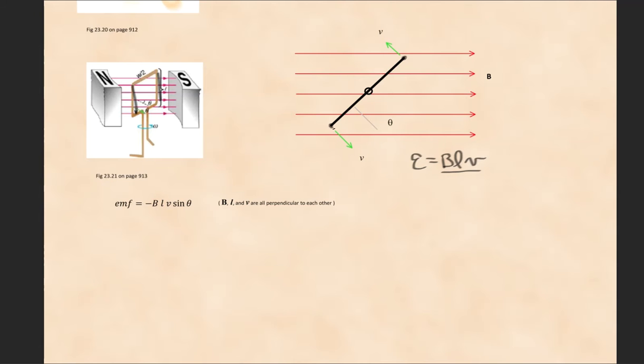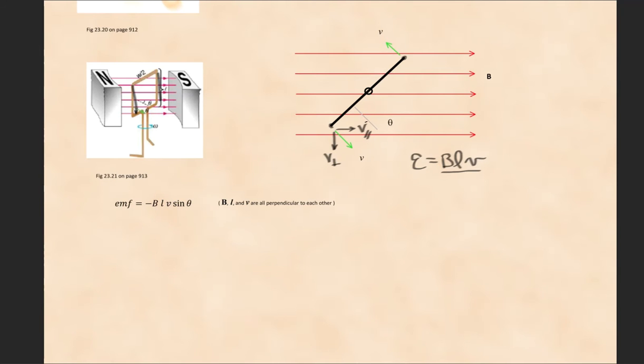In this particular case, the velocity is not perpendicular to the magnetic field, but I can break the velocity up into components which are perpendicular and parallel to the magnetic field. The perpendicular velocity will contribute to the induced EMF, whereas the parallel velocity will not.